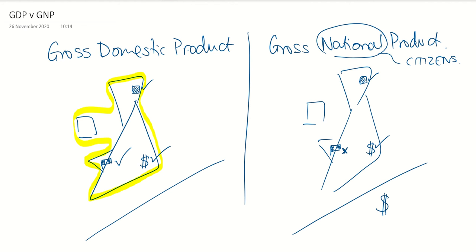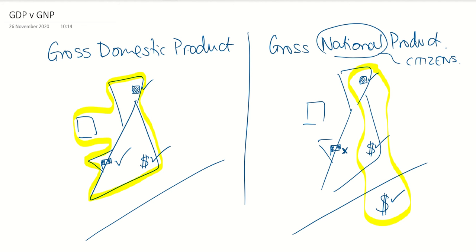If they're a British firm, they would be included in the UK's GNP. So this time, we're not looking at the area, but we are looking at who is producing them. So in this case, we're just looking for all the products that are created by British people.